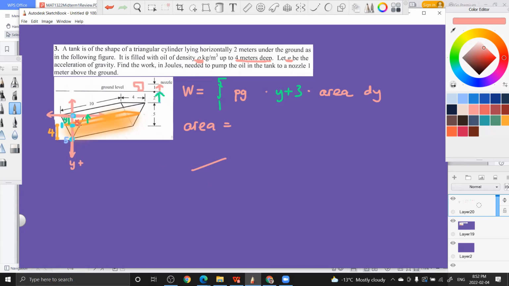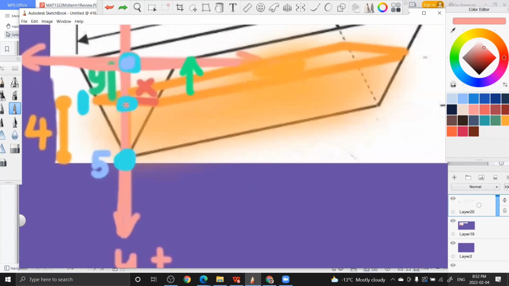Let me zoom in if possible. We're gonna pump all the oil there, and we already determined that this point is 1 and this point is 5. So that means we integrate from 1 to 5, meaning that we bring each cross section from 1 to 5 out of the tank. Does that make sense, Joshua?